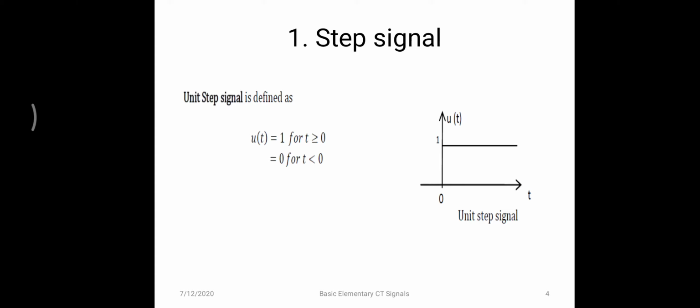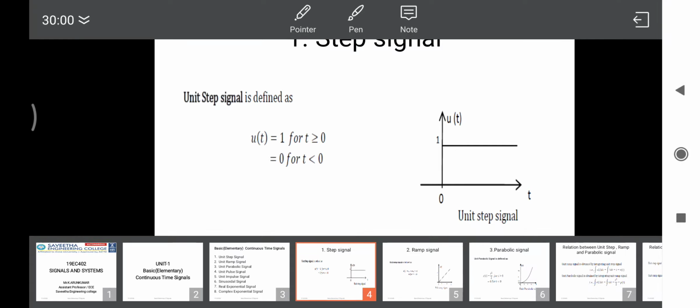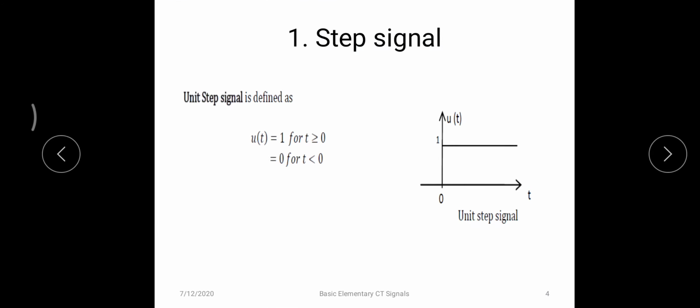Since it is continuous time, I am using the variable t. u of t is equal to 1 for t greater than or equal to 0, for the entire right-sided quadrant, the first quadrant. From 0 to infinity, the value is 1. Such signals are called unit step signals. Elsewhere the value is 0.